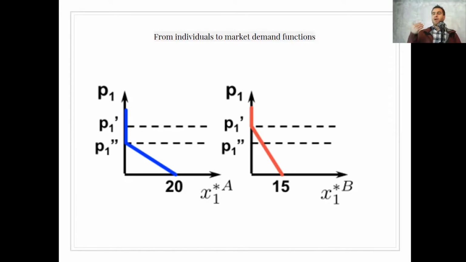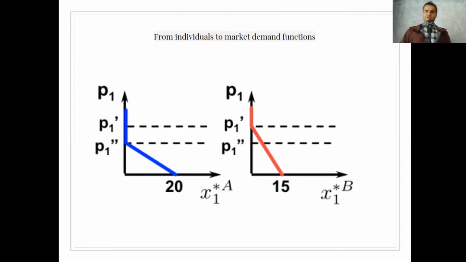If the price of this good in the market is anywhere above P1 double prime, like for example P1 prime, this person would buy 0 units. And that's why you have a vertical line at the y-axis, because from the point it reaches this person's maximum willingness to pay for this good, he or she would not consume anymore.